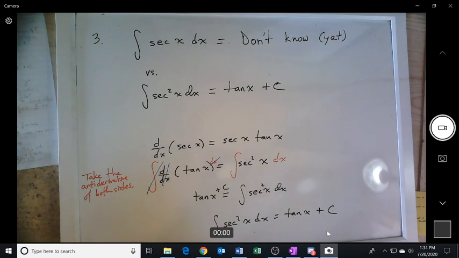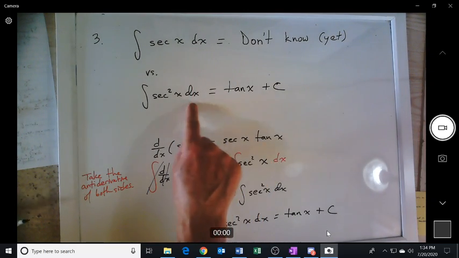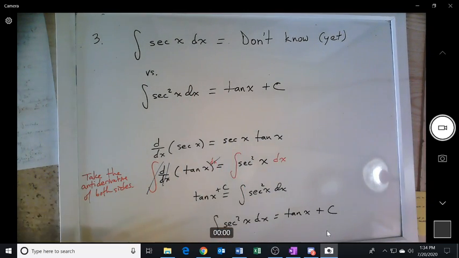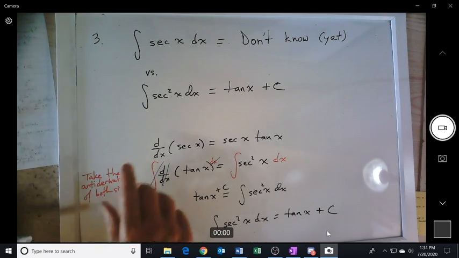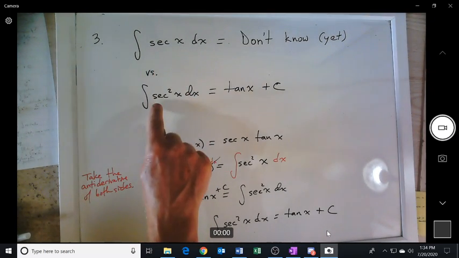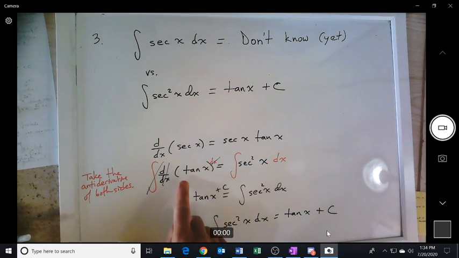So this is another really important concept, is that we can reverse things, but the things we use as inputs for an antiderivative had to have been outputs from a derivative rule.